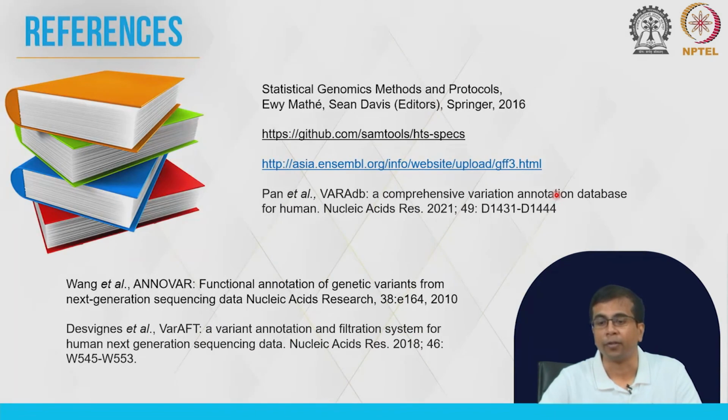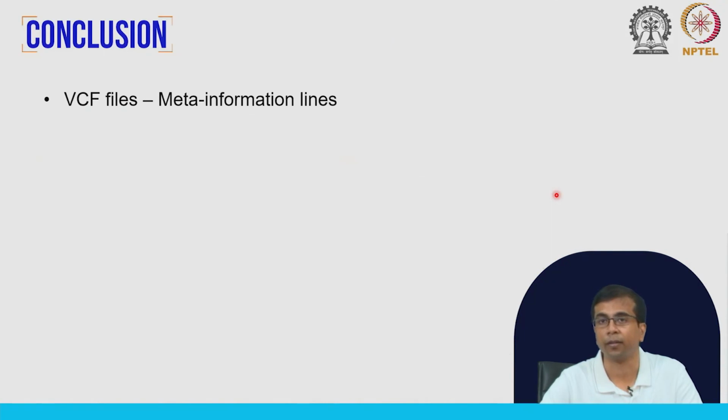Here are the references that we have utilized for this class. Just to summarize, we have talked about BCF files and the meta information lines, which give us a complete picture of the data lines, what kind of information we are getting in them.